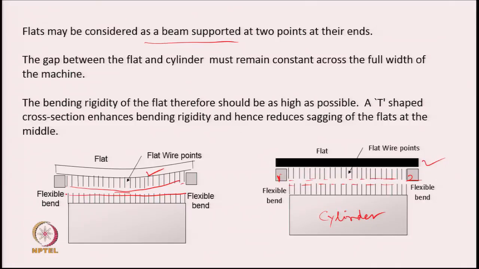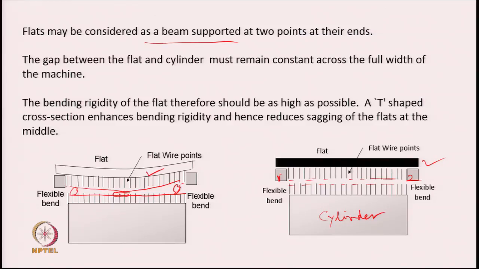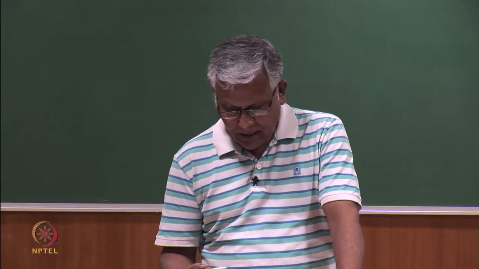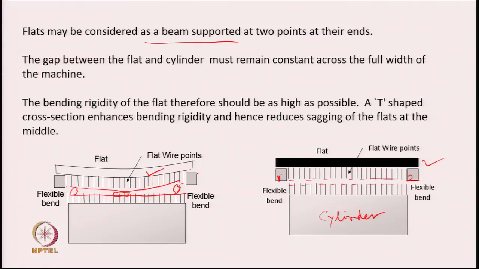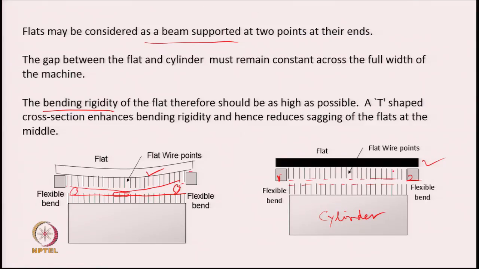So, the tufts which are here, they will receive less opening action, whereas the tufts which are here at the middle, the gap being less, there will be intensive opening on them, and hence such kind of situations we have to avoid, and therefore, the bending rigidity of the material which is used to make the flats and the cross sectional shape of this flat becomes very important, because we have to ensure that this bending is really minimum.